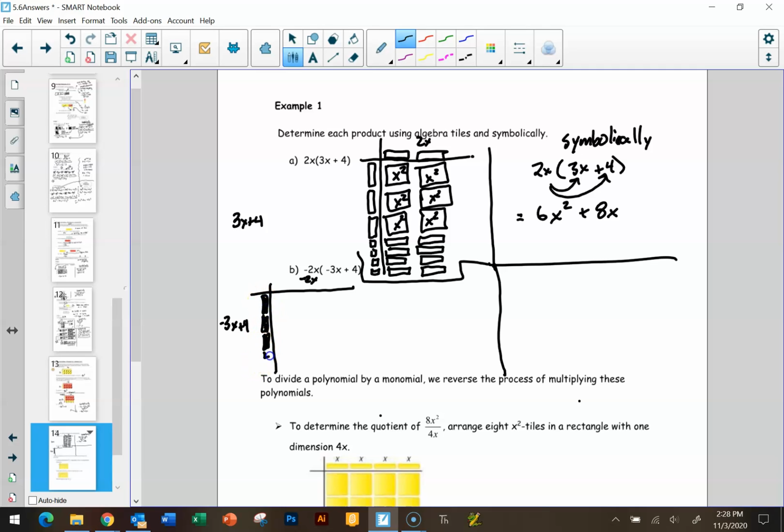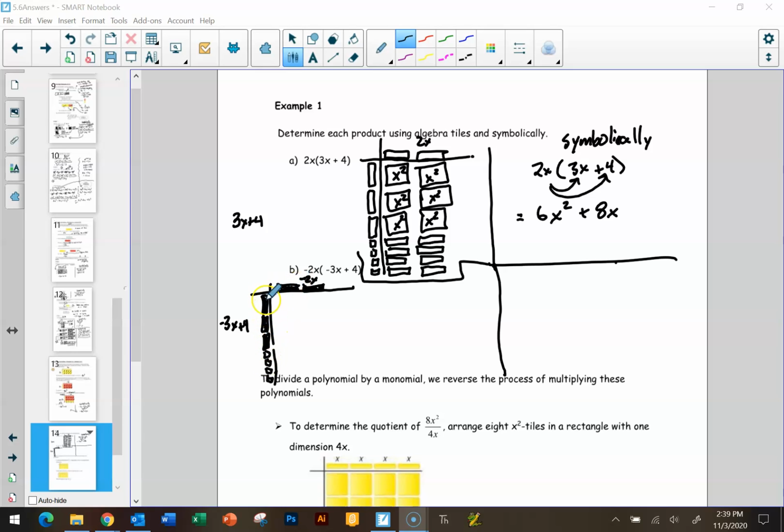And then I got a positive 4, so I got 1, 2, 3, 4. I'm going to run a little bit into the next row. Sorry about that. I don't think I can draw any smaller. And then a negative 2x at the top here, so that is going to be 1, 2 of those rectangles. They're negative. So what we've got here is now we can just multiply the row by each column.